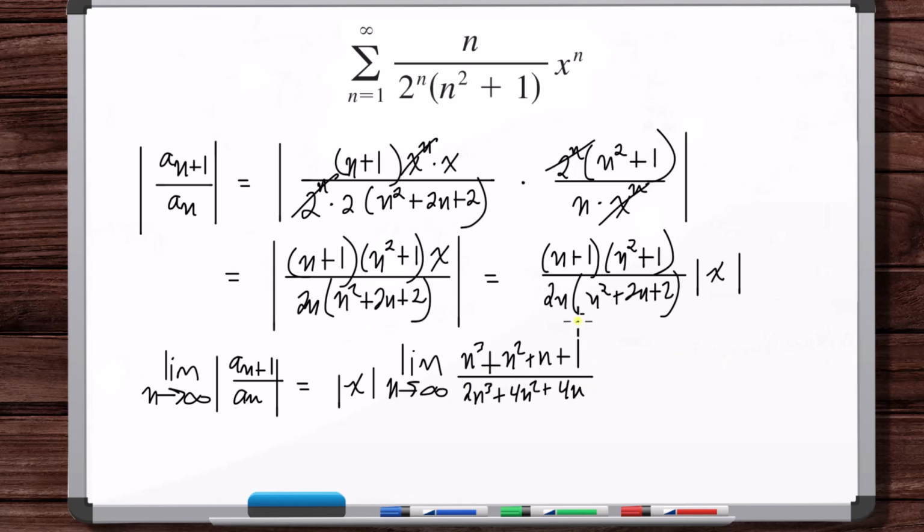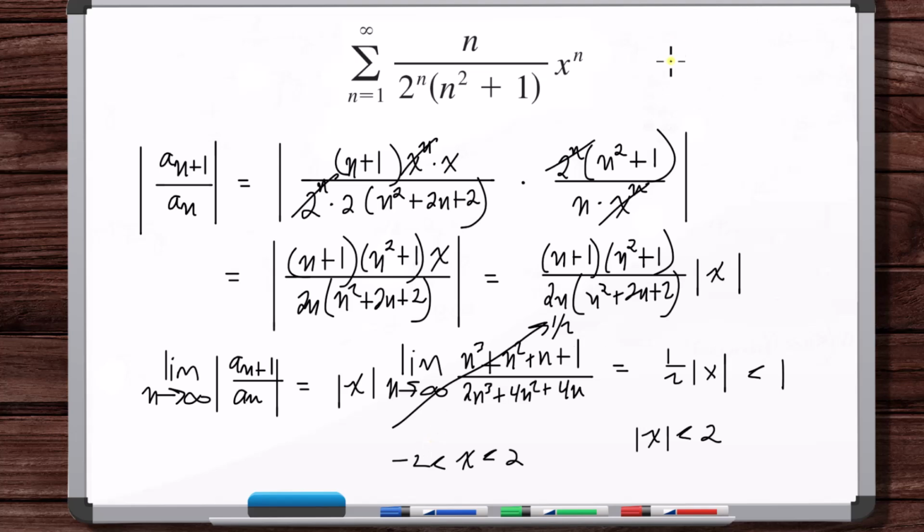We know if we divide the numerator and denominator by n cubed, as n goes to infinity, you're left with 1/2. Okay, we need this to be less than 1, so the absolute value of x is less than 2. So the radius is going to be 2, centered about x equal to 0. But what happens at the endpoints?